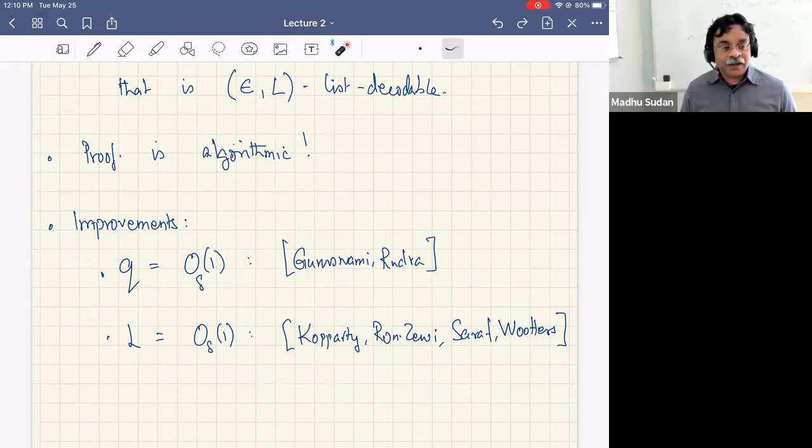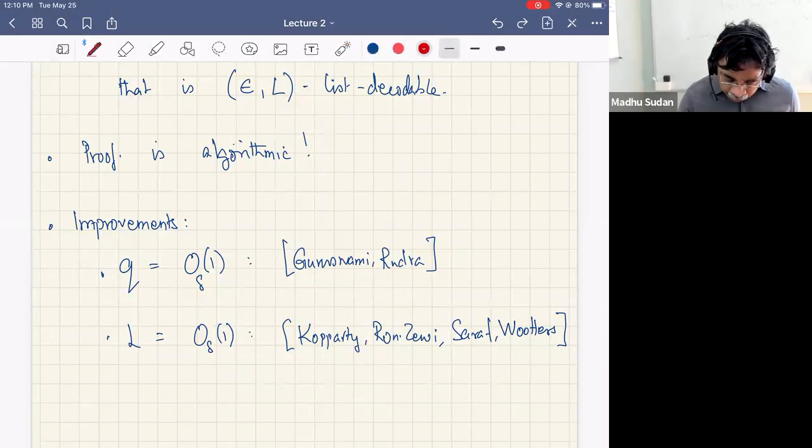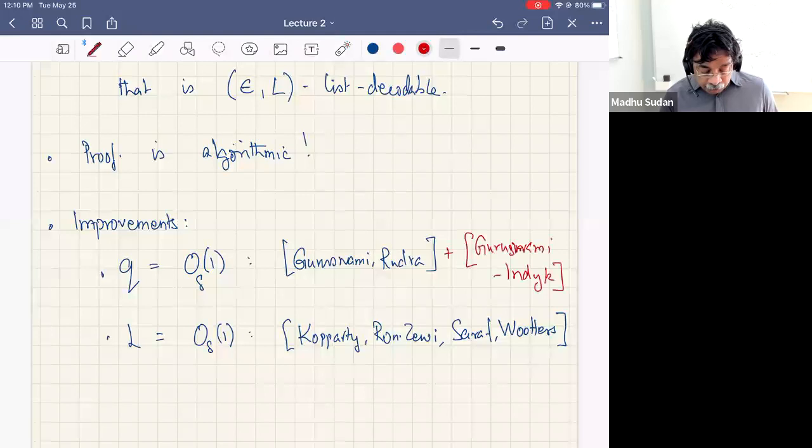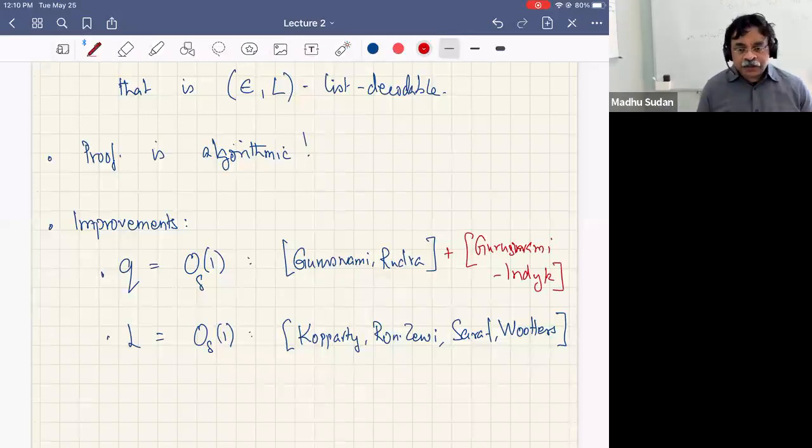The analysis and the intricacies of that composition are actually immense, and it comes from a paper. It uses a much earlier paper of Guruswami and Indyk. So they showed us how to reduce alphabet sizes without, in some senses, compromising on error correction ratios, the gap to capacity, and that very sophisticated composition is needed.